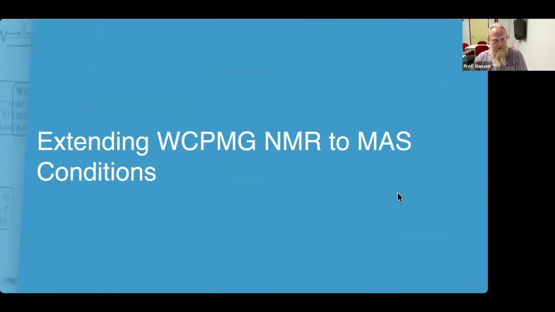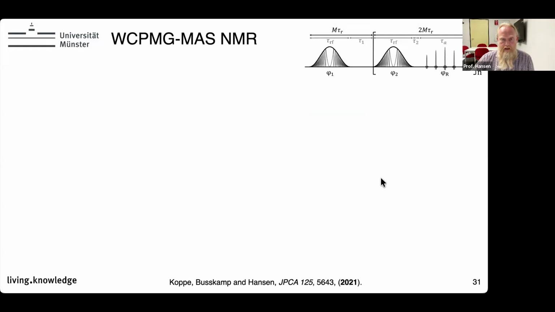Now, what we then did, of course, is we want to do this also under MAS. So we want to extend this idea of having WURST pulses and a CPMG train under MAS. And now you need to take care that the sequence is rotor synchronized, and the timings are given up here, and of course you can find them in this paper.